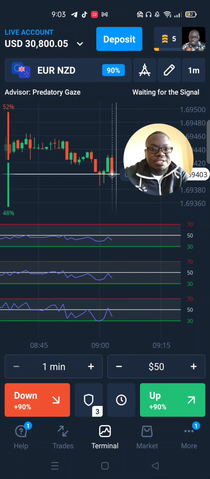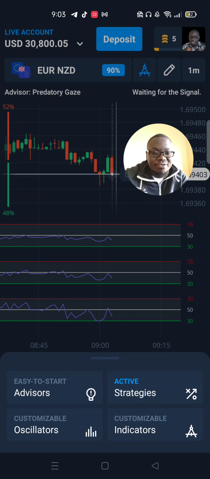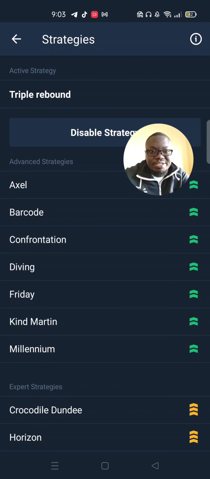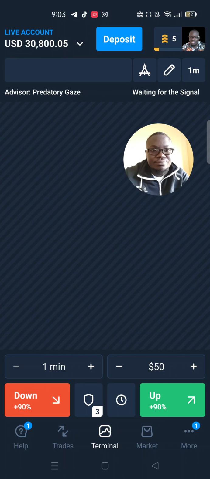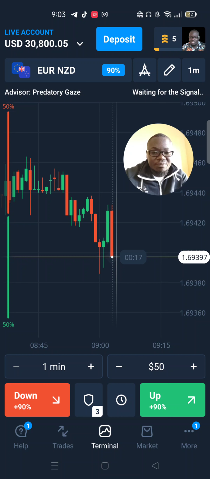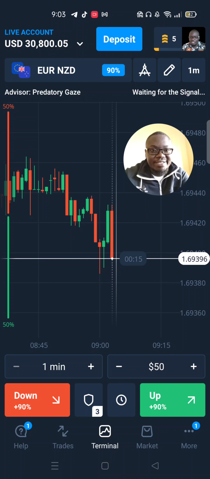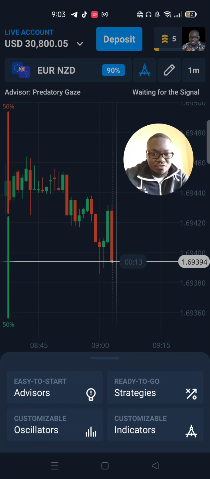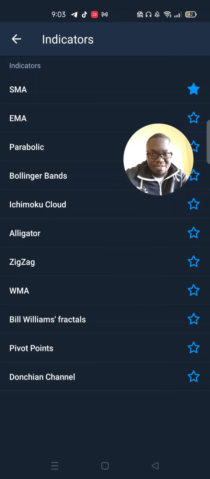For someone who is not a VIP trader in Trade, you can just activate the RSIs manually. Just go to indicators, then find the RSI.